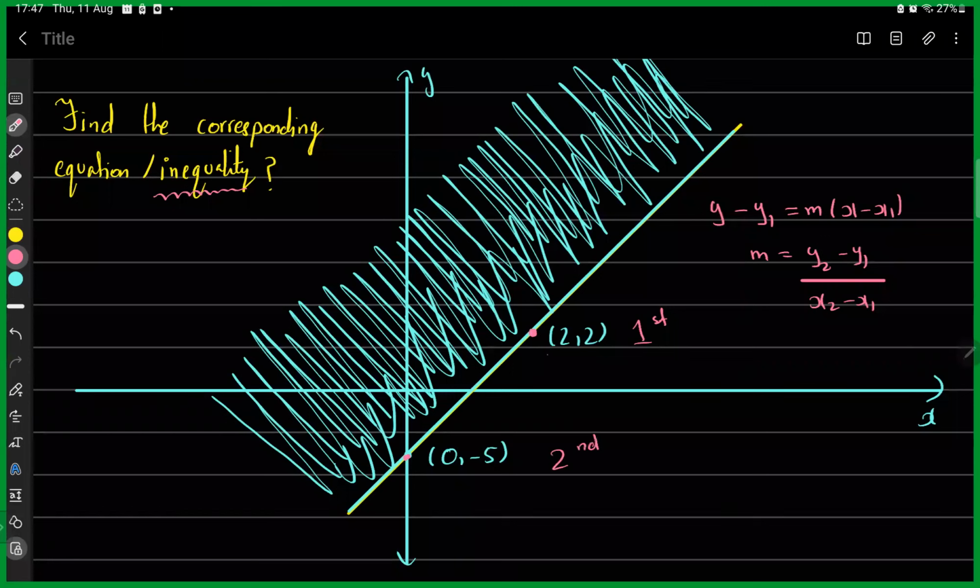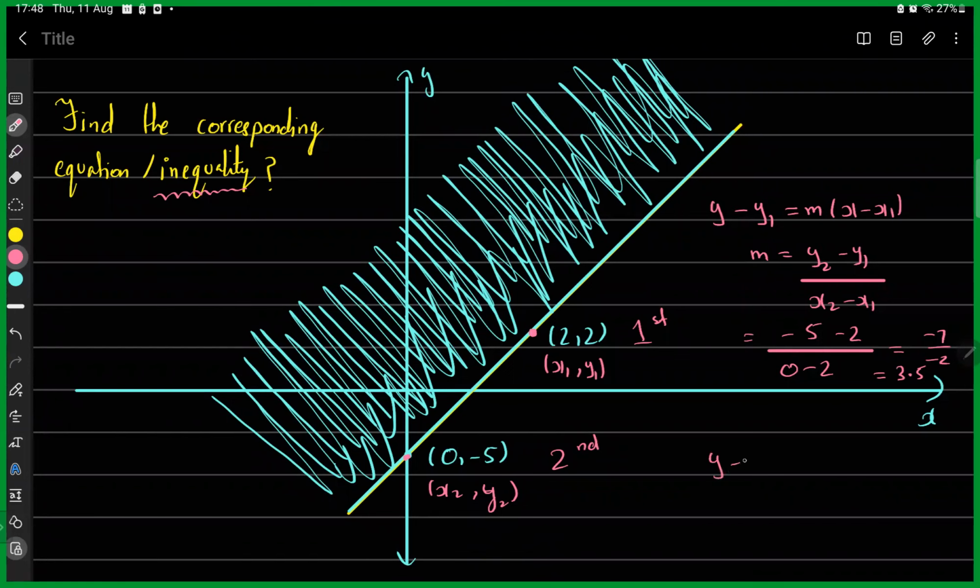The second point, this would be x1, y1, this would be x2, and this would be your y2. So y2 minus y1, minus 5 minus 2 divided by 0 minus 2, and this would give you minus 7 by minus 2, and finally upon simplification this would be 3.5. Okay, m is 3.5.